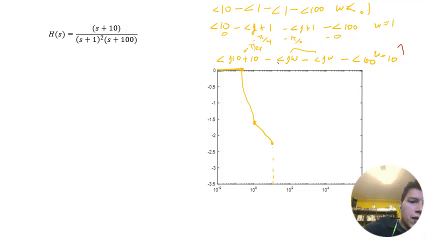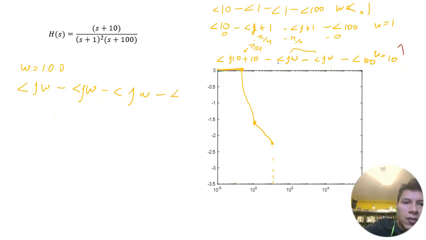So at omega equals 100, we have to approximate this as j omega minus j omega minus j omega minus j100, j100 plus 100.